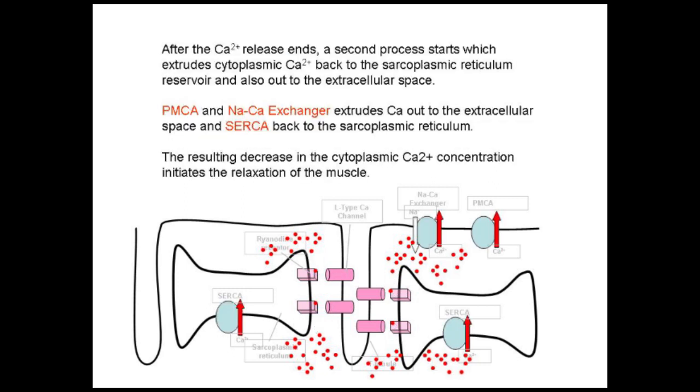After that, the pumps and the sodium calcium exchanger kick in, and they start to remove the calcium from the cytoplasm. SERCA pumps it back into the sarcoplasmic reticulum, and PMCA pumps it to the outer extracellular medium, and the sodium calcium exchanger also, using the driving force of sodium, carries the calcium to the extracellular solution.